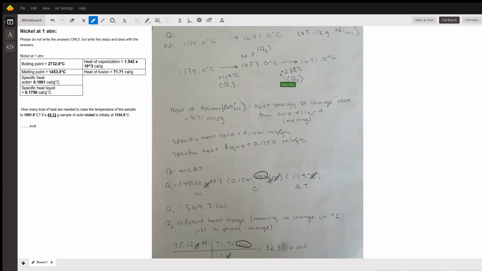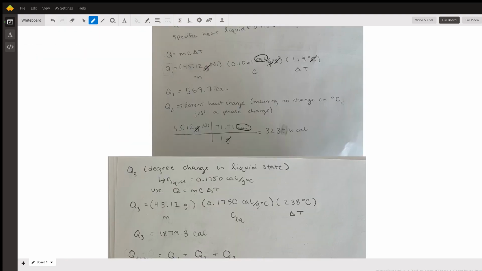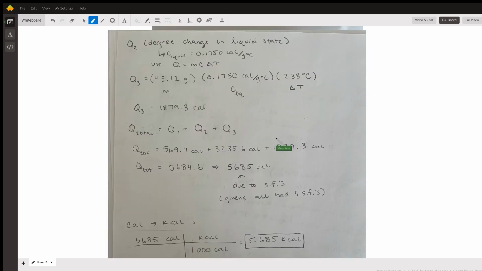Now if we go to Q3, this is the degree change in liquid state. That's just from here to here. And we're going to be using our specific heat liquid now. So that's 0.1750. Same as the first shift, that first Q1, except this time we're going to use our C liquid. So 45.12 grams, which is our mass, times 0.1750 calories per grams degrees Celsius.